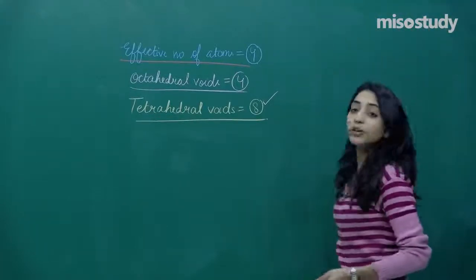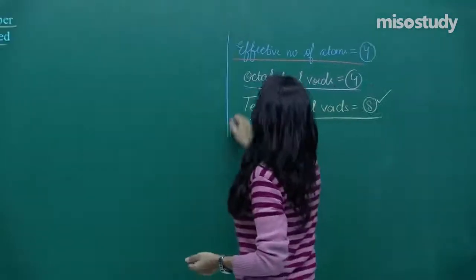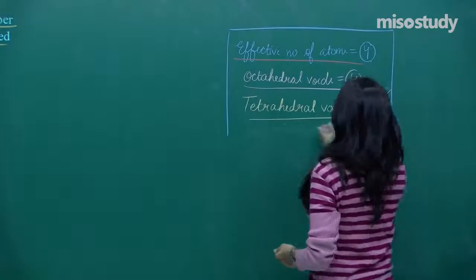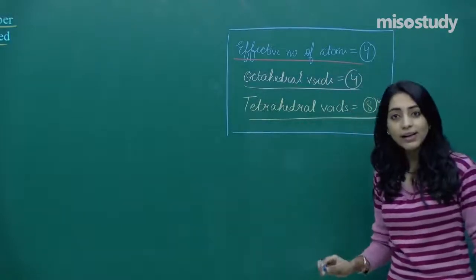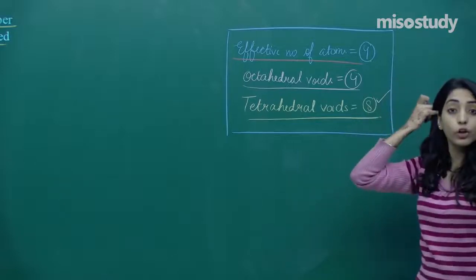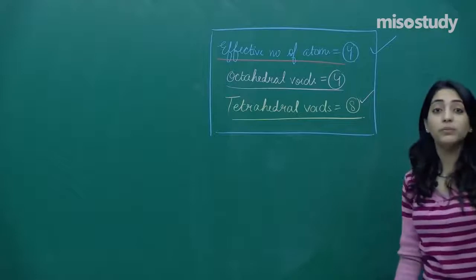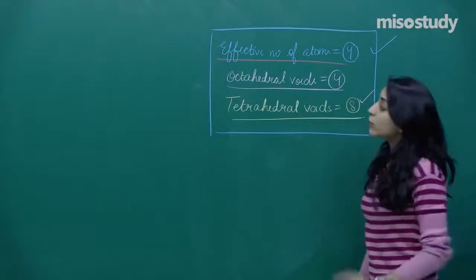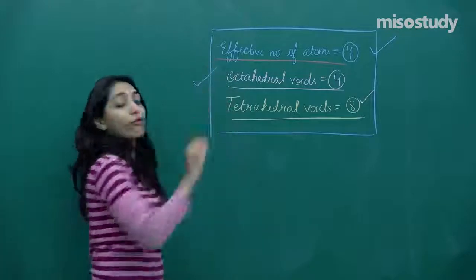Guys, see into this particular section. What I had written earlier was basically for a face-centered cubic unit cell, right? In the case of face-centered cubic unit cell, we just got to know that total number of atoms were 4. Also, I told you that the total number of octahedral voids are 4, right?